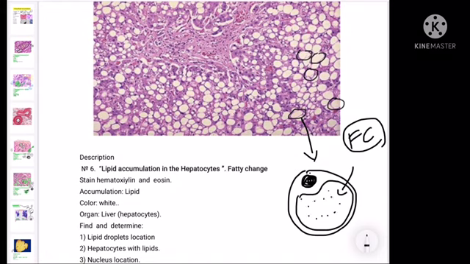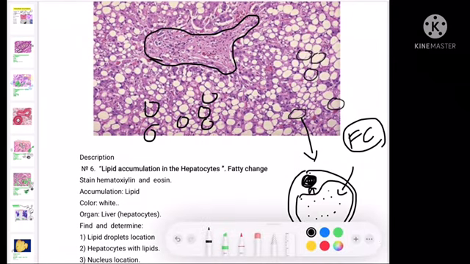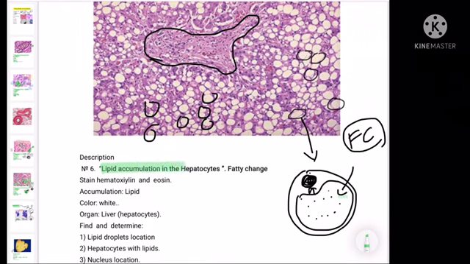Fat deposits inside the cell and pushes the nuclei toward the periphery. So all these are nothing but the fatty change. And this one is the fibrotic area. So what they're saying is it's a lipid accumulation in the hepatocytes seen in fatty change of the liver. The stain is hematoxylin and eosin.